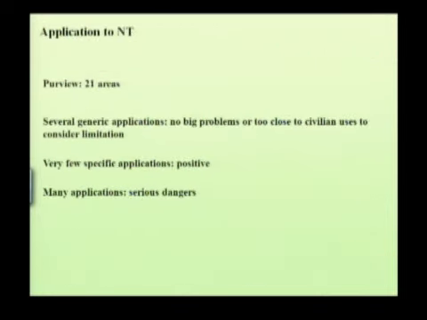So I have applied these criteria to the potential uses of the 21 areas that I found of military uses of nanotechnology, and I have found that several generic applications don't pose big problems or are just too close to civilian uses to consider limitation. Think of little computers. Everybody has a computer in the buttons of the shirt.